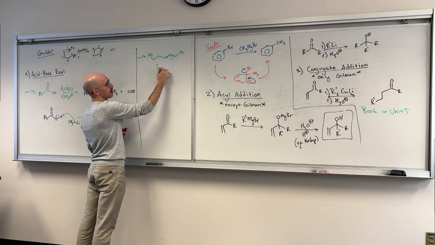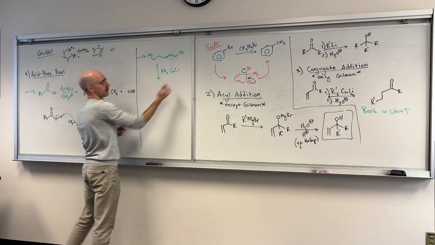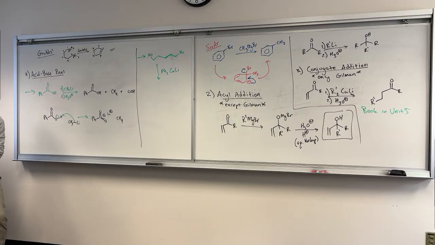This time I'm going to use diphenyl cuprate, because earlier I showed you that you can do substitution with the organolithium. I didn't highlight explicitly that you can do it with cuprates as well, and you can.